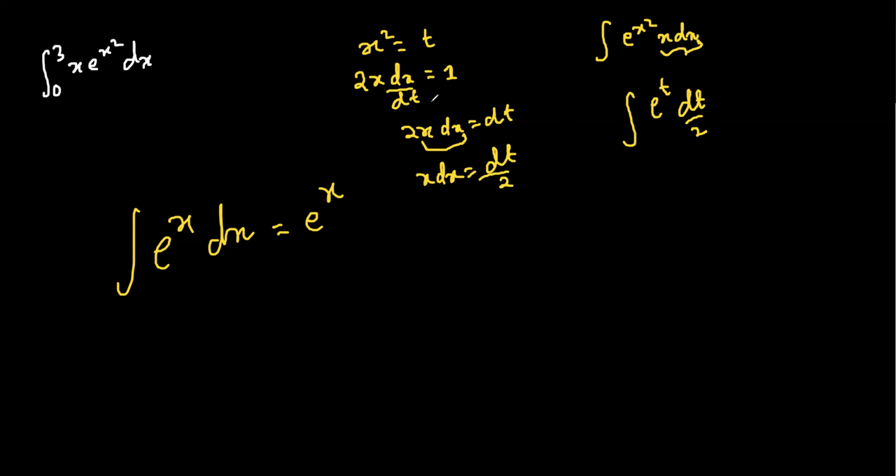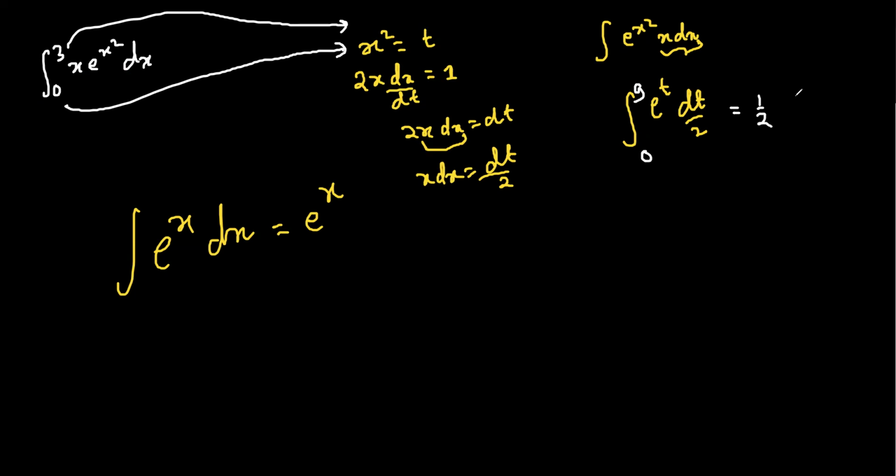Now the limit. The value of x is 0, so x square is 0. When you put 0 here, you will get 0. And when you put x is 3, 3 square is 9. 1 by 2 is a constant.